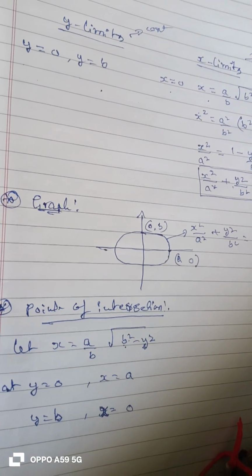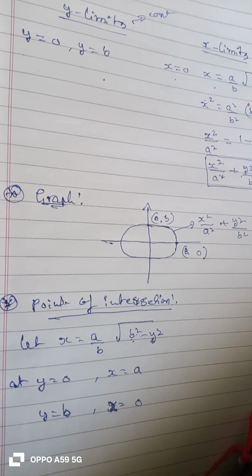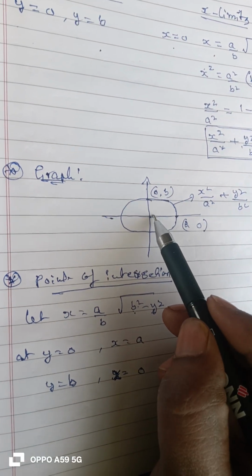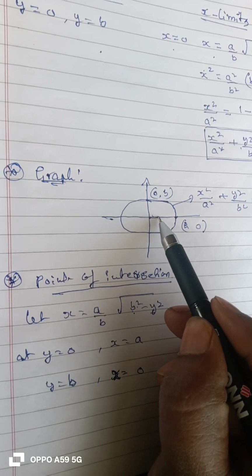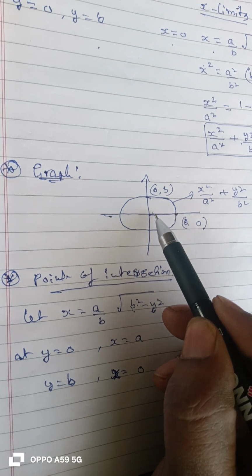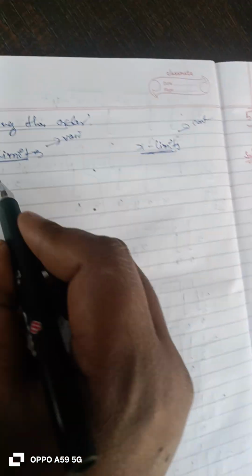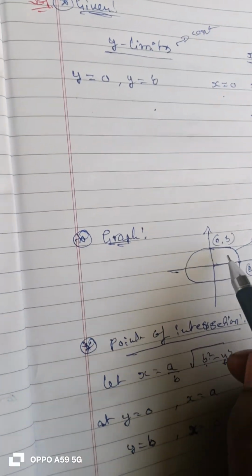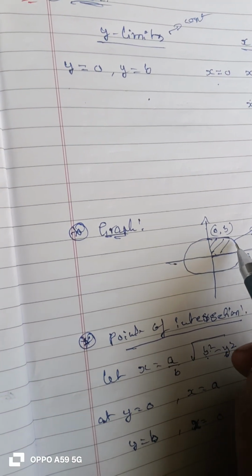Now we have observed the graph. By looking at the graph, we need to write the y limit. So for the y curve, we observe towards the y axis. If you move in this line, on the x axis, the y value will be 0. This is the region we can consider.